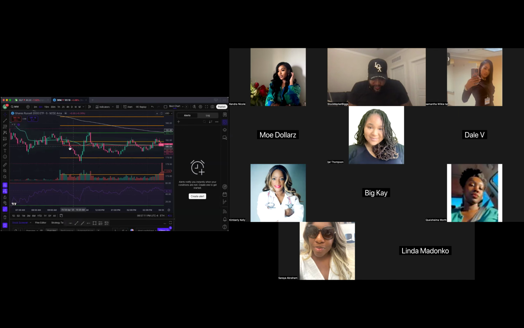Here's a 5 minute candle close below the ORB. My levels aren't on here, but this is another example of when you can be confident getting into a trade. I know Spice Girl teaches this in her one-on-ones as well: a 5 minute candle close above or below the ORB makes it very likely you're going to be able to take either the downside or the upside.